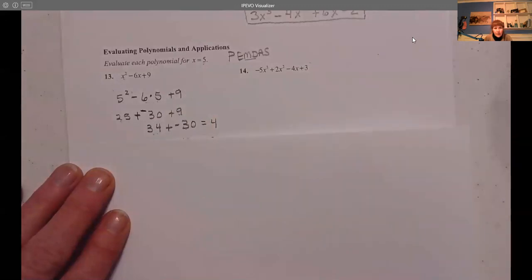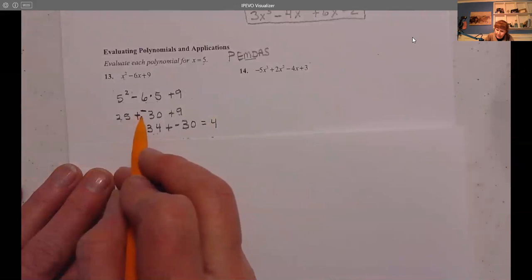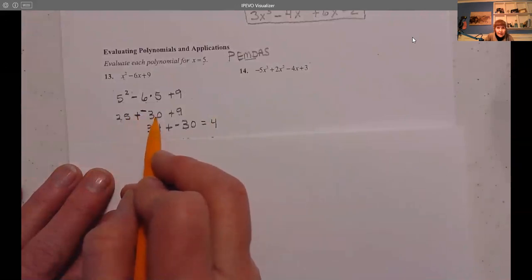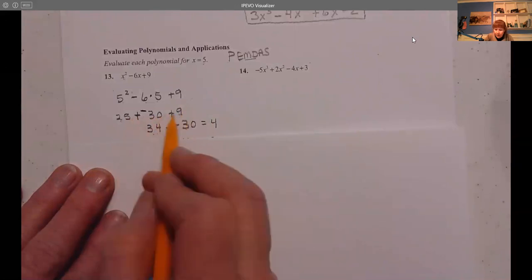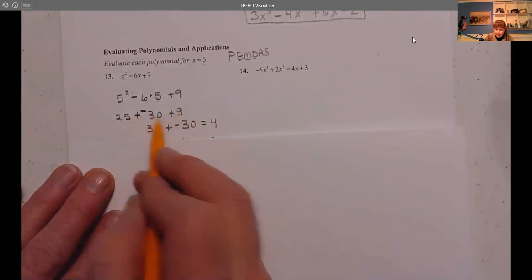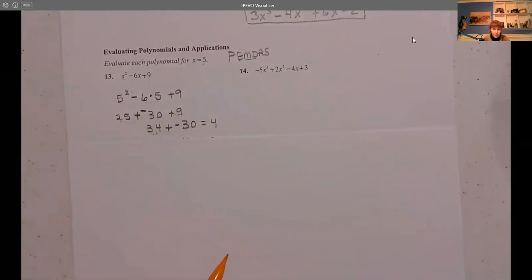Now, if you wanted to, you could have gone 25 minus 30 is a negative 5, plus 9 is a positive 4. But a lot of times people add all the positives together and the negatives and then combine them at the end. And you end up with a positive 4. Just as long as you're doing your adding and subtracting last. That's the key.